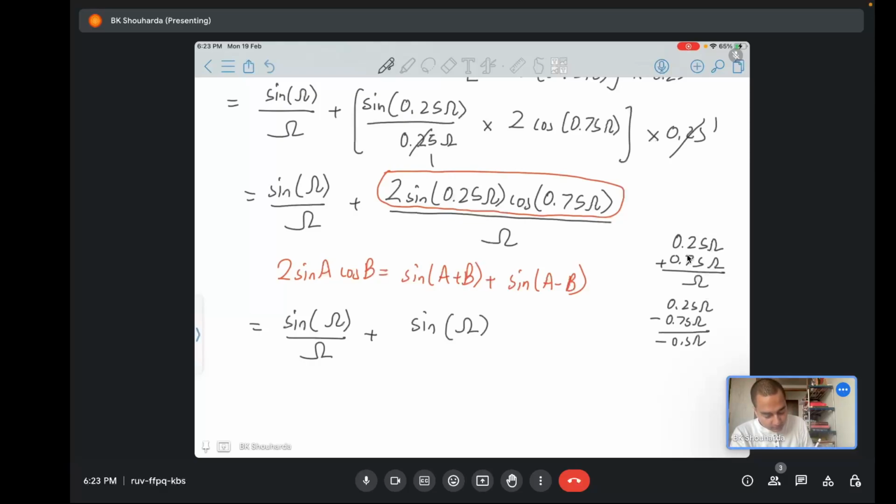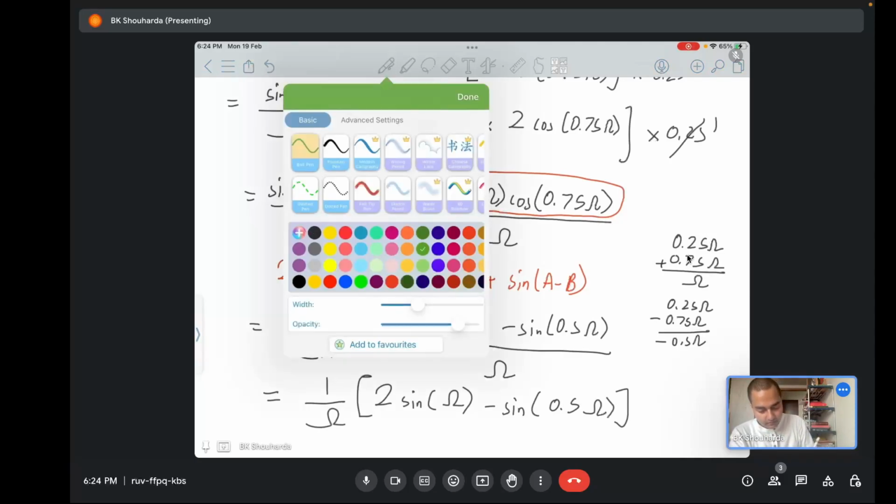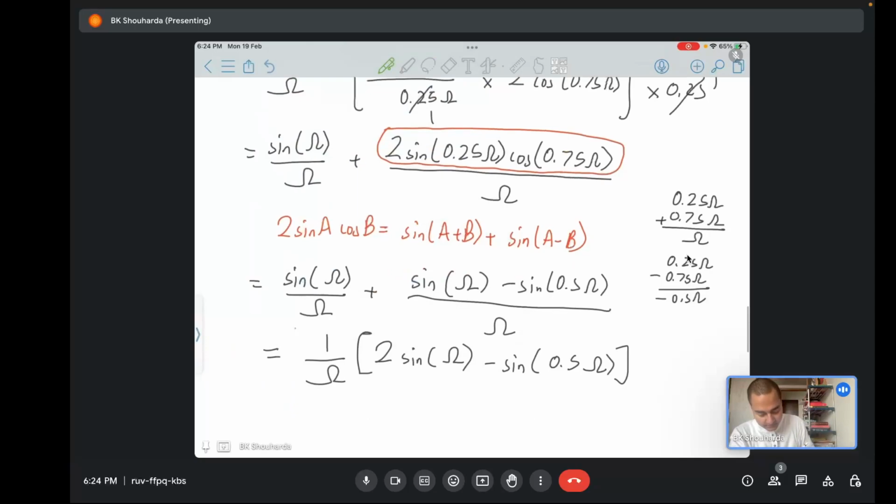Sin omega minus sin 0.5 omega, because this was a negative argument and I took that out of my sine. Simple. When I finally simplify it all, I get 1 upon omega times 2 sin omega minus sin 0.5 omega. Okay, so this is my answer.